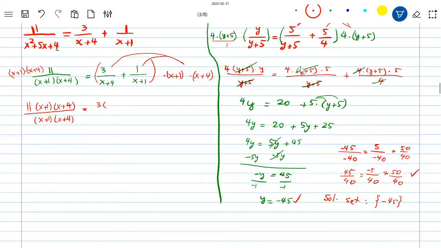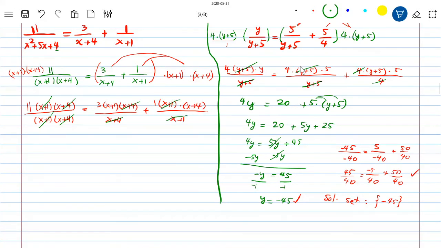What you get is 3 times x plus 1, x plus 4, divided by x plus 4, plus 1 times x plus 1, x plus 4, divided by x plus 1. Okay, now simplify. Cancel out the similar terms. What are the similar terms? X plus 1 and x plus 1 can cancel out, x plus 4 and x plus 4 can cancel out, x plus 4 here and x plus 4, as well as x plus 1 and x plus 1.